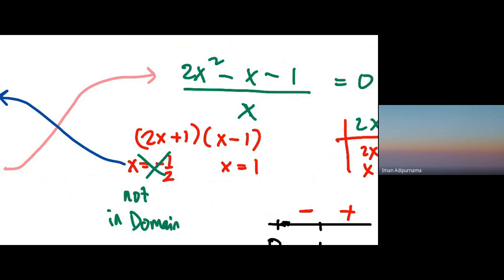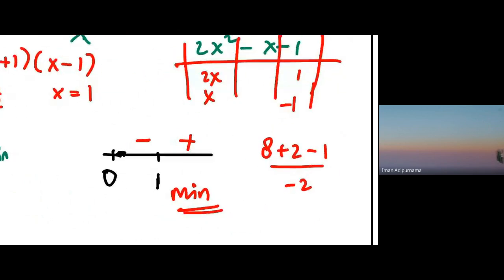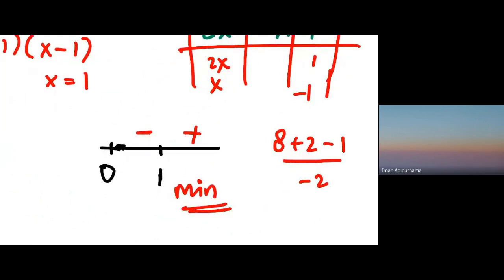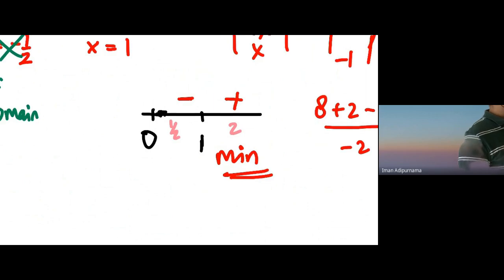To check whether the function is increasing or decreasing, having negative and positive signs, we can check several points. We can check maybe 1 over 2, and 2. Of course, we don't check negative numbers because they are not in the domain, right? And we know that it only has a local minimum.